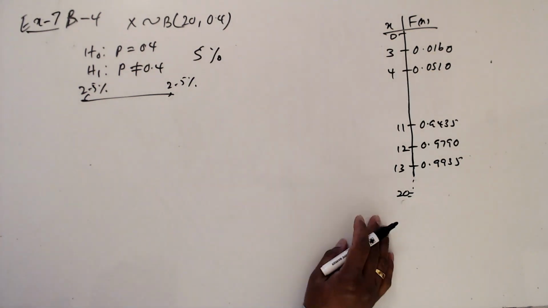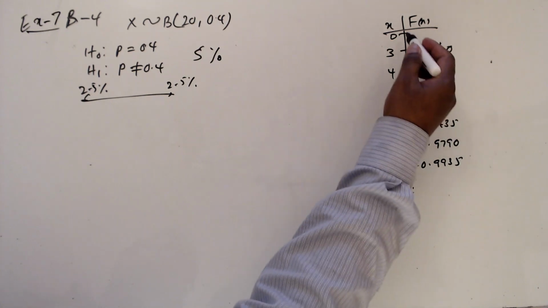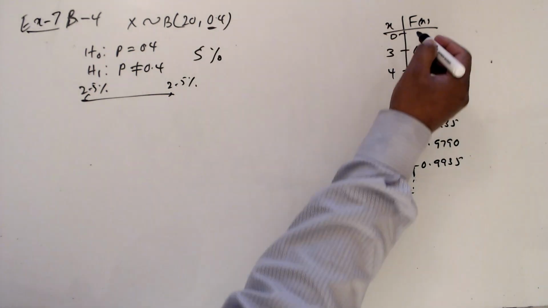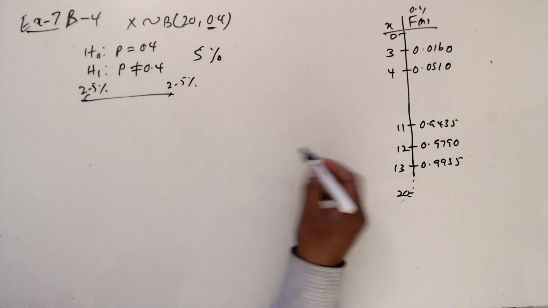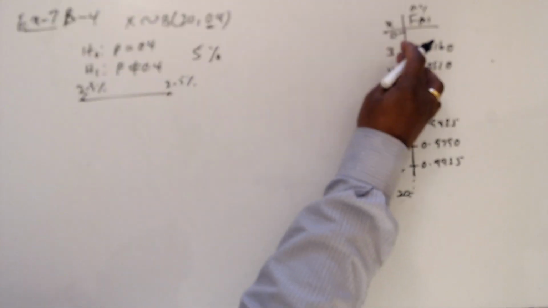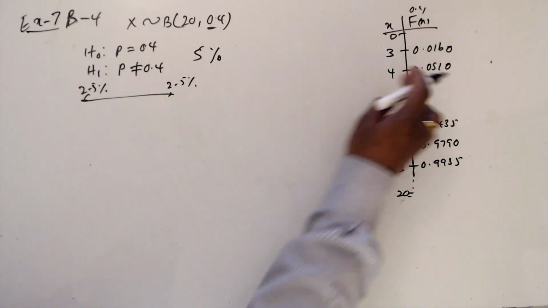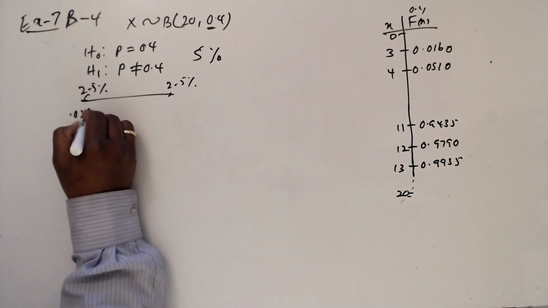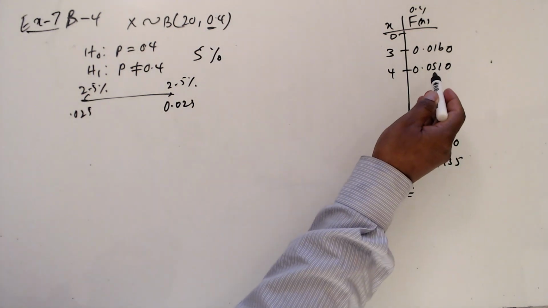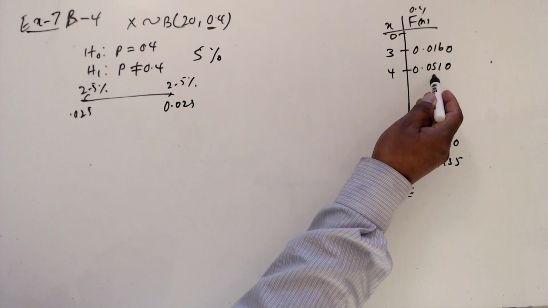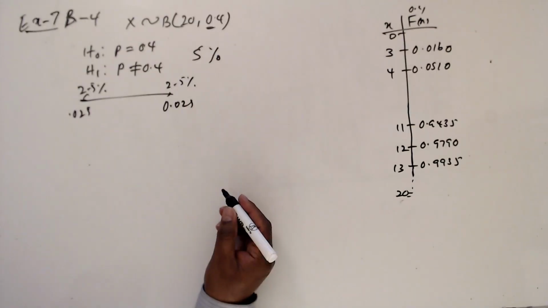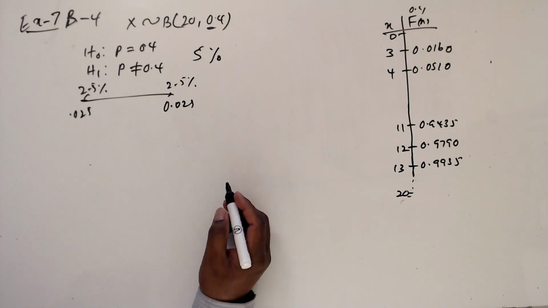I jot down accordingly. This is the cumulative table for 0.4 and x values. When you look at it, we can clearly see that we need 0.025 from both sides. Now this is more than 0.025, and this is less than. That is one thing we can look at.